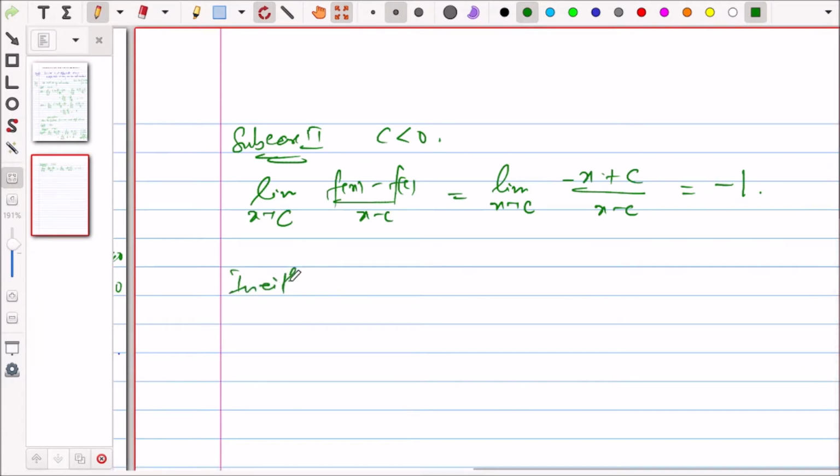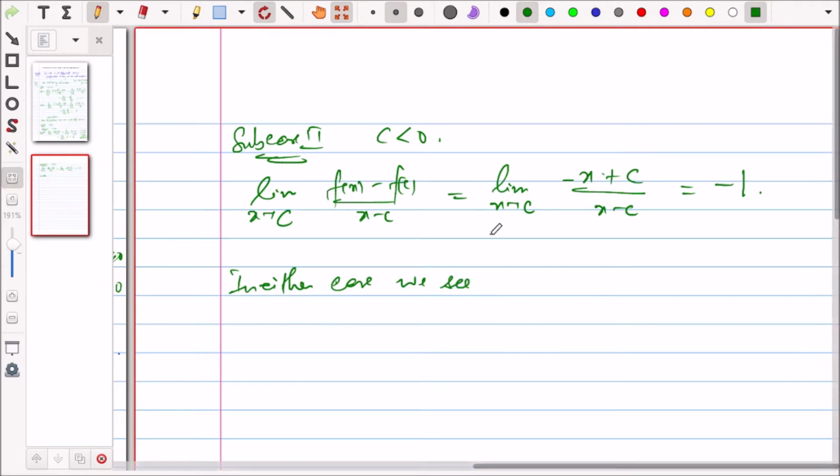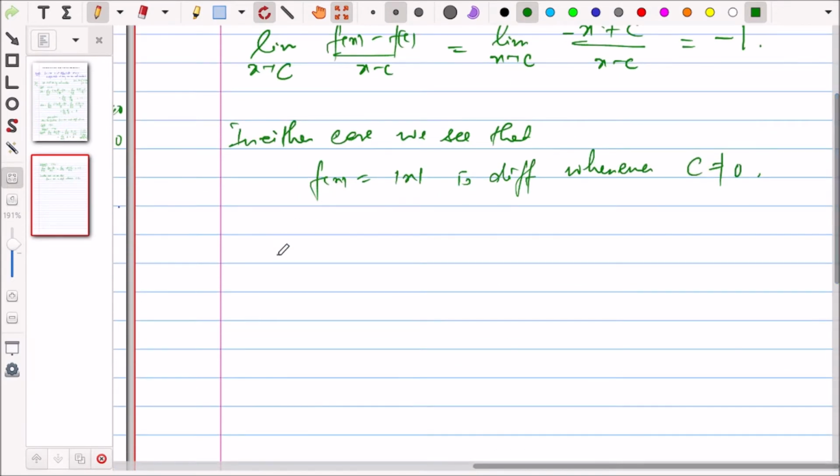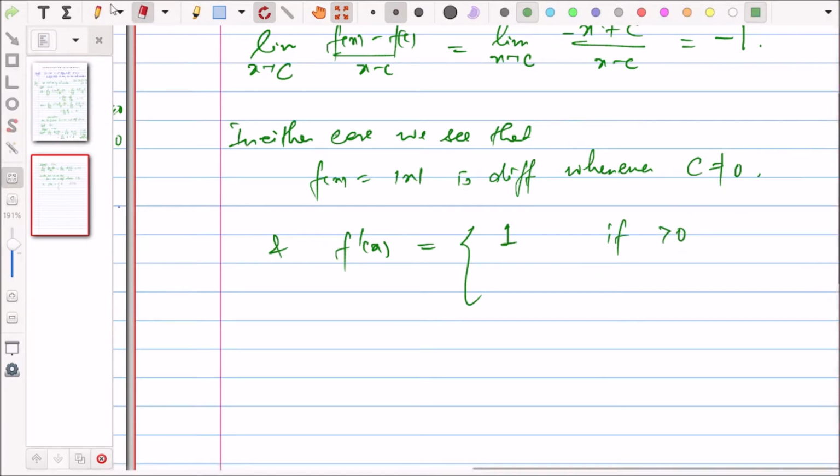So in either case, we see that f(x) equal to mod x is differentiable whenever x is not equal to 0, and f'(x) is equal to 1 if x is positive, and it is minus 1 if x is negative.